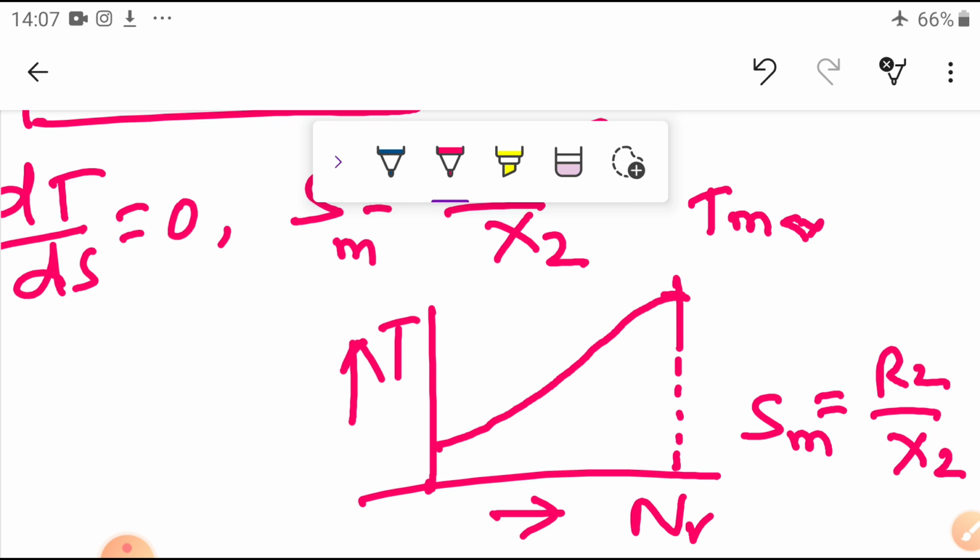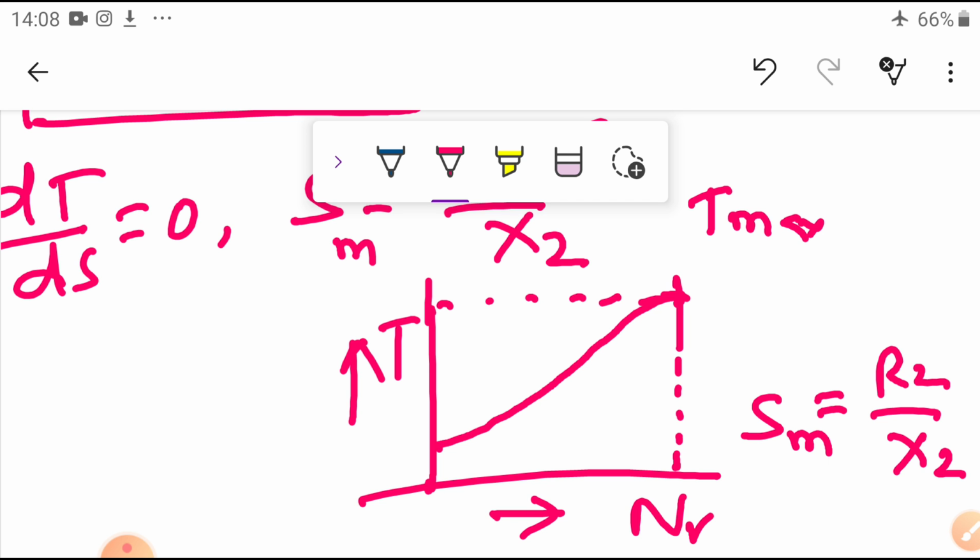That means under running condition, the reactance value becomes equal to the resistance value. At that condition we get the maximum torque. This is known as T max. So this is the torque equation.